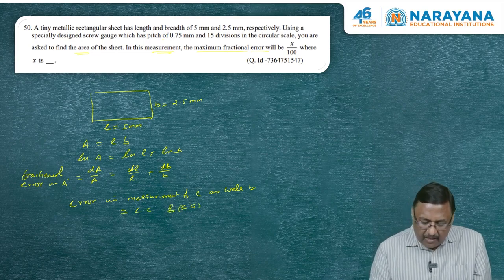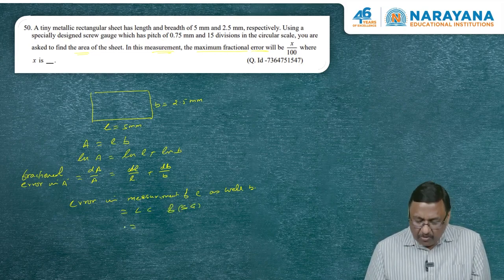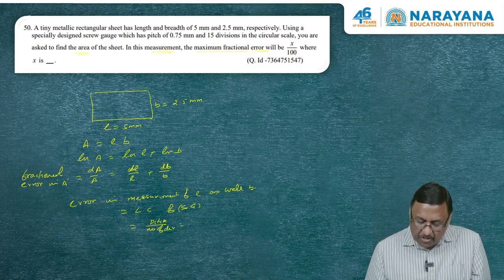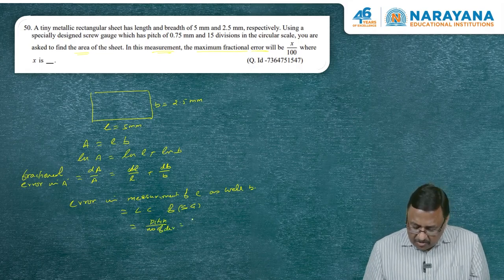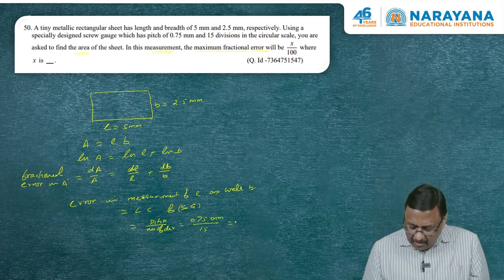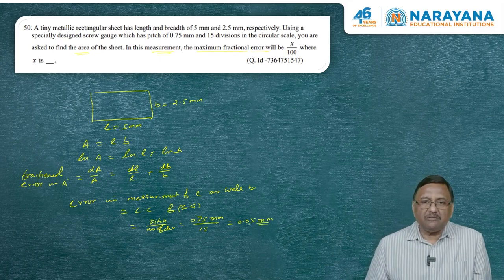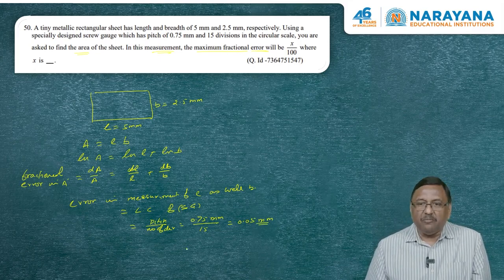And how do we write the least count of the screw gauge? It is the pitch divided by the number of divisions on the circular scale. The pitch is given to be 0.75 millimeter, and the number of divisions in the question is given to be 15. That means the least count is going to be 0.05 millimeter. So the error permissible in the measurement of length as well as width is 0.05 millimeter.